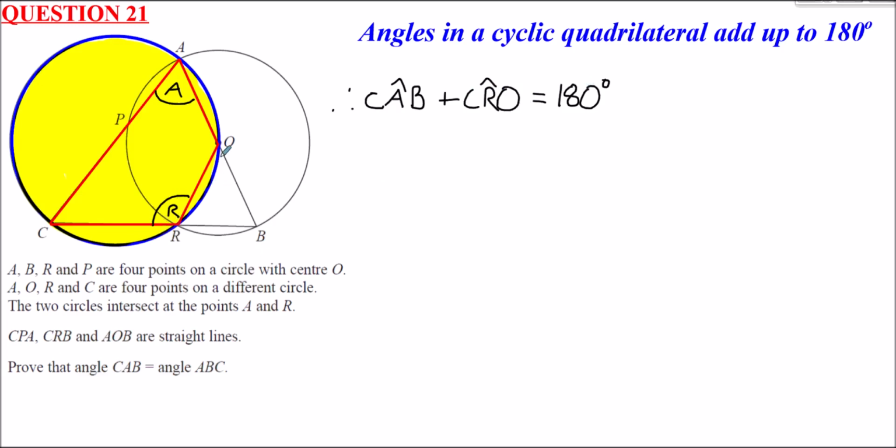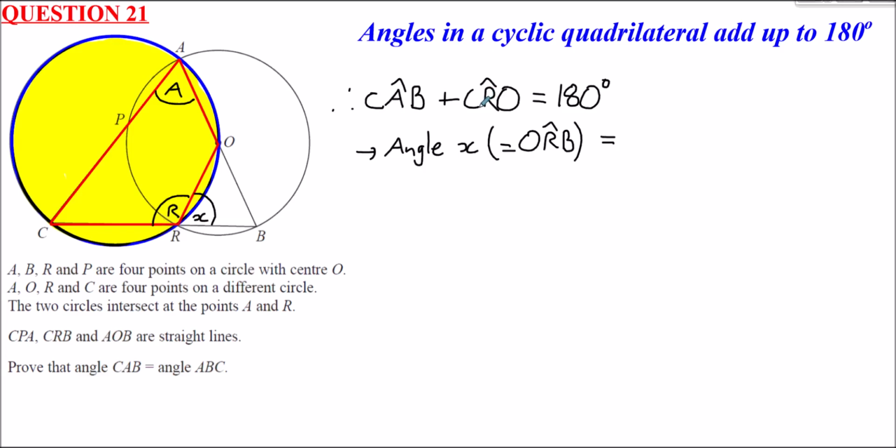So what we can next spot is this angle here, the other side of R. I'm going to call this angle X. So angle X, which equals ORB, well, that's going to be 180 degrees minus angle R. It's going to be 180 degrees minus CRO.